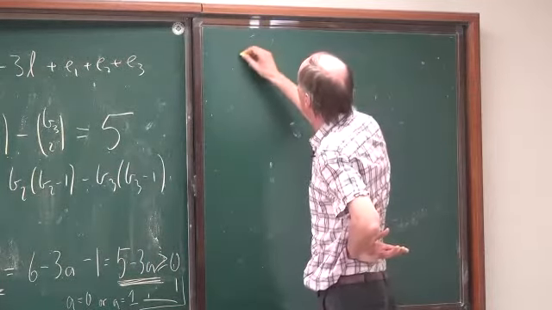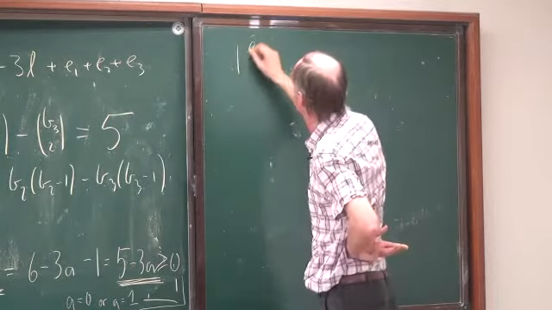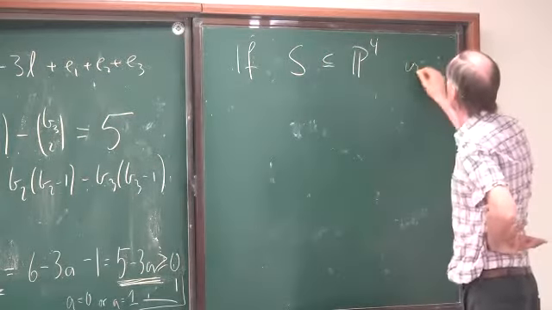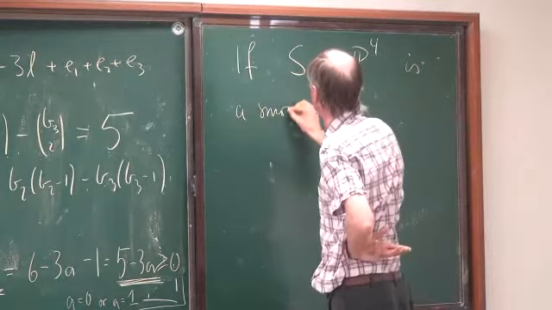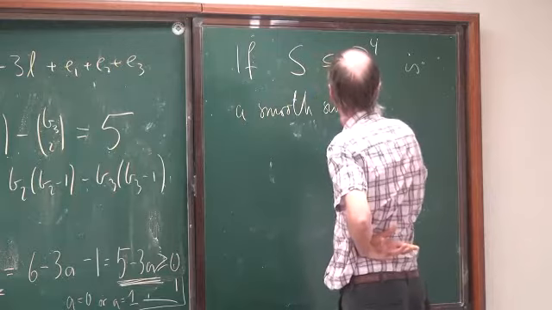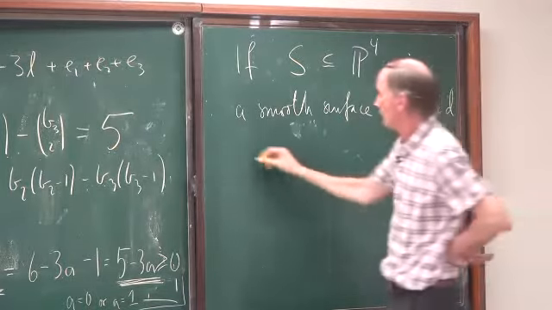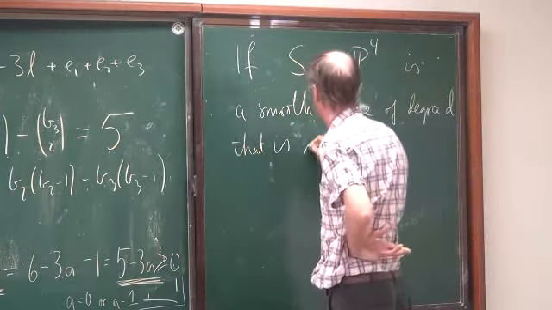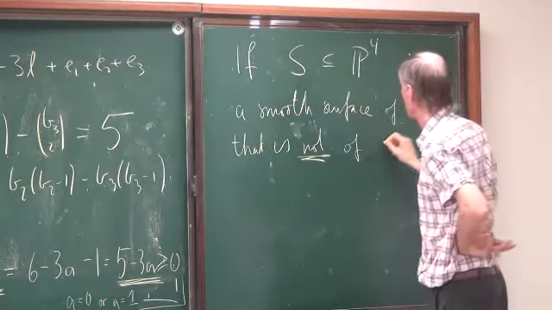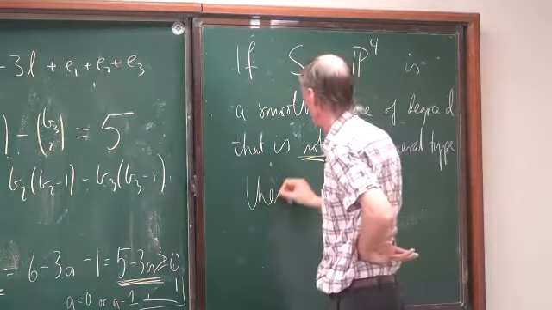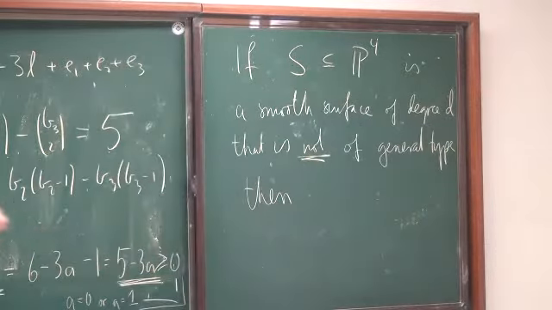Now, this can be stated the following way: if S in P4 is a smooth surface of degree d that is not of general type, and not of general type means that the canonical divisor is not ample or not very positive.